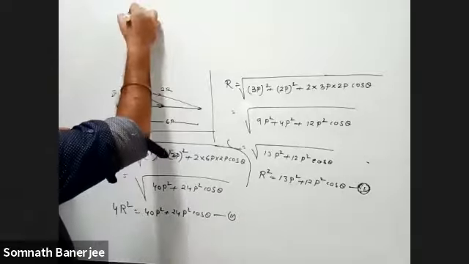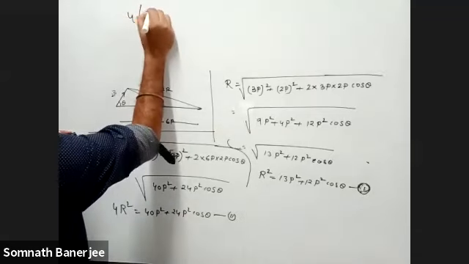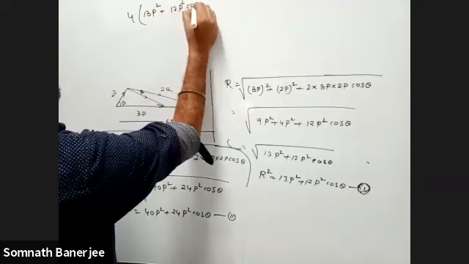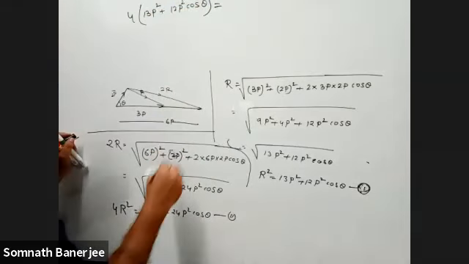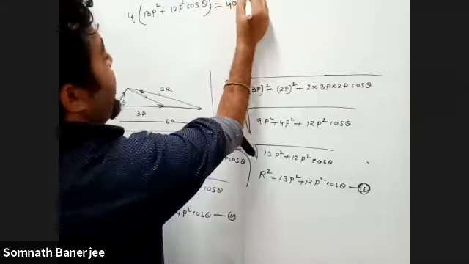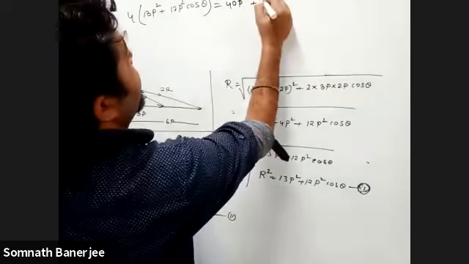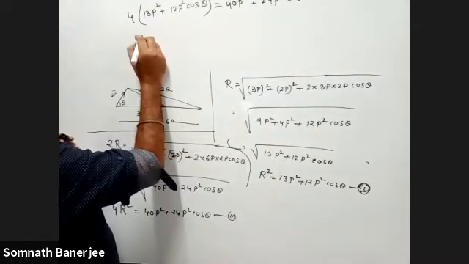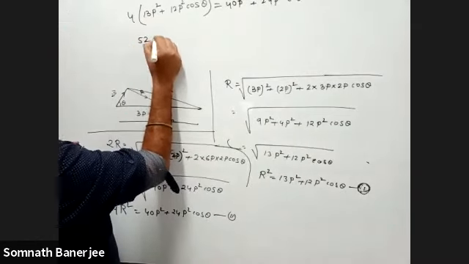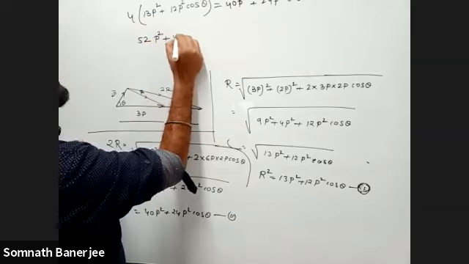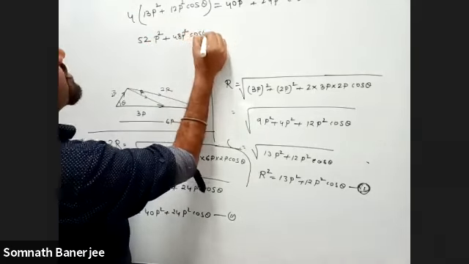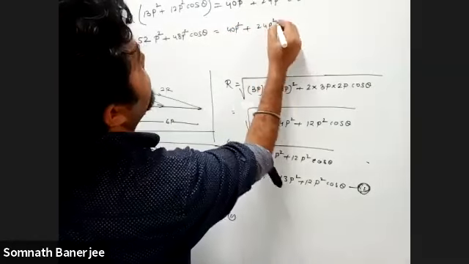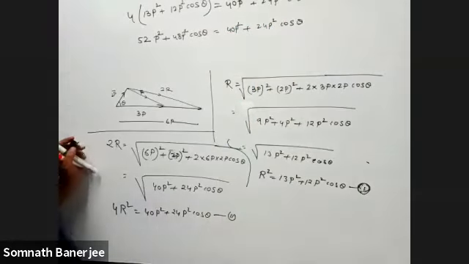So 4 under bracket 13P square plus 12P square cos theta equals 40P square plus 24P square cos theta. So what do you have? 4 times 13 is 52, so 52P square plus 48P square cos theta equals 40P square plus 24P square cos theta. Okay?